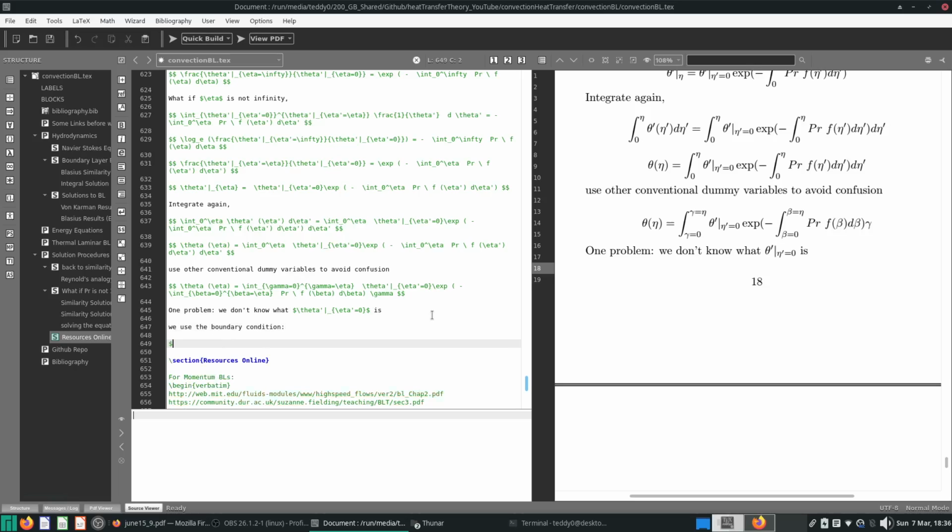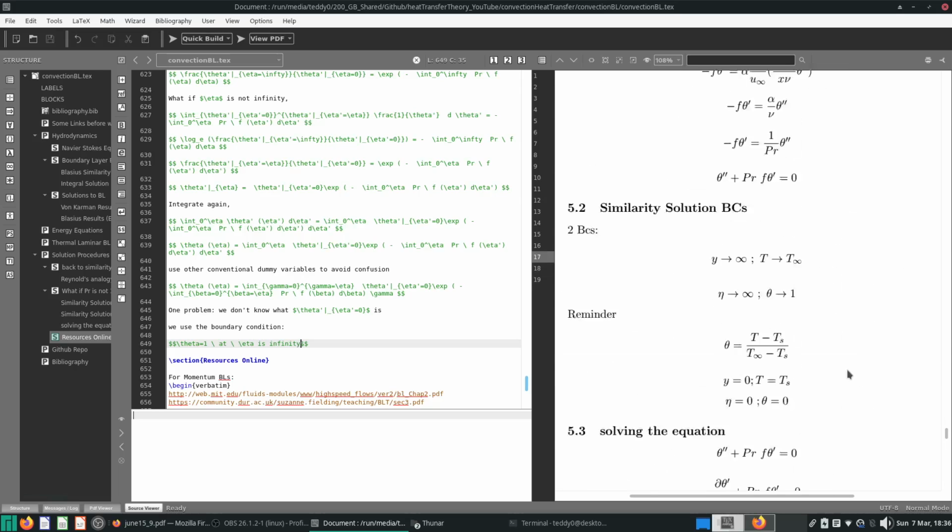What's the other boundary condition? That one is theta equals to 1 at eta goes to infinity, right? Oh, wait, hold on, let's go back. I can't remember.